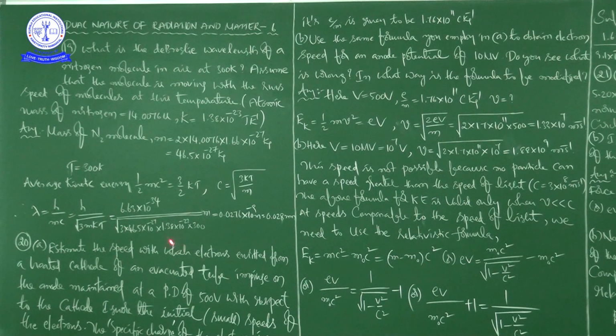Okay, right. So in this question, if you overlook once again, he is asking to find the de Broglie wavelength of a nitrogen molecule in air at 300 Kelvin, right? Given one assumption, that the molecules are moving with root mean square speed at this temperature 300 Kelvin, and given the atomic mass of nitrogen and the k value also.